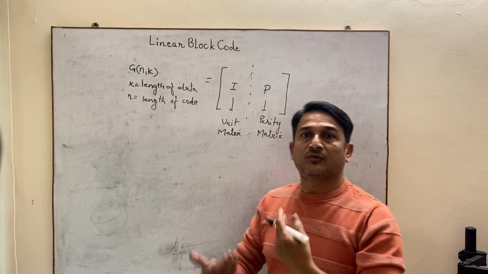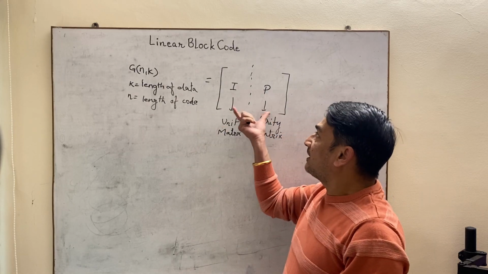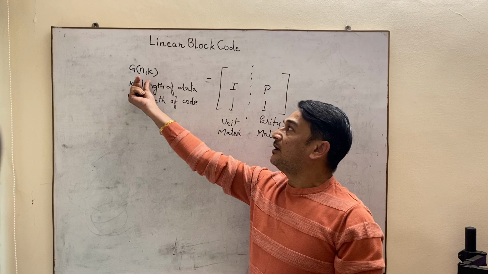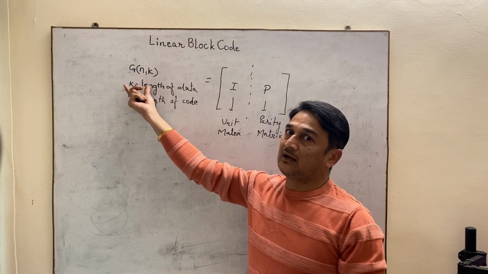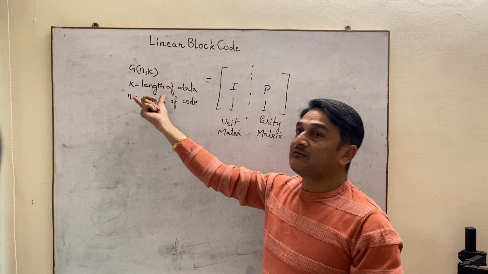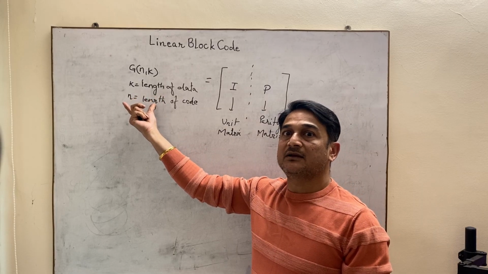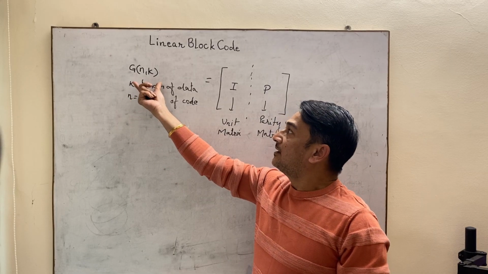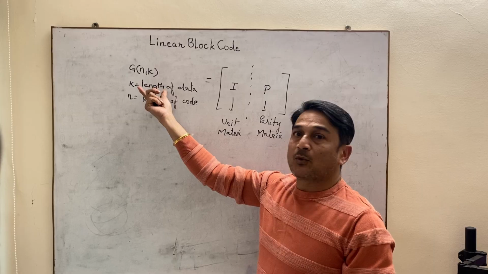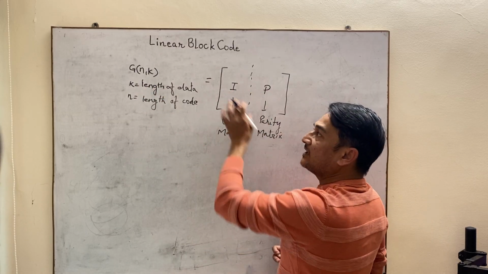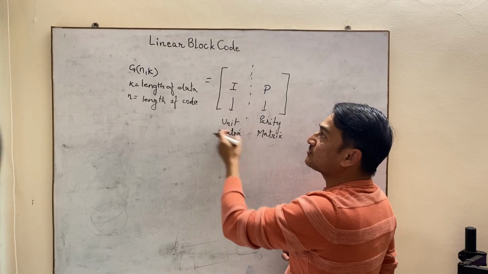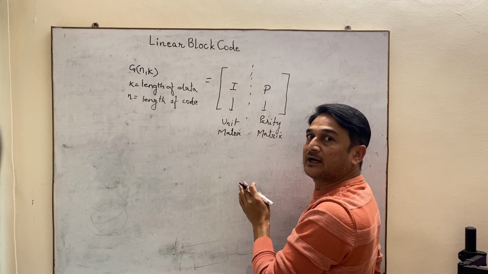So in the exam, you will be given a matrix and the value of k as well as the value of n. If all these things are given, we can easily calculate the linear block codes. So how are the various values of these codes calculated?